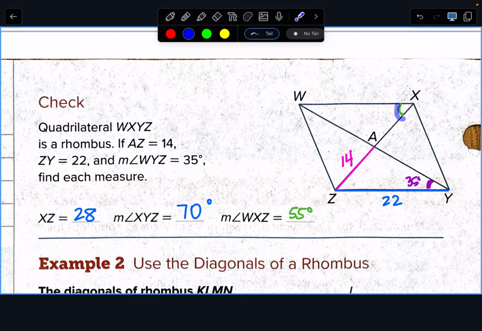So half of it is 55. Okay. Also, we could do this, right? We know that this is a 90-degree angle. 35, 90, what's left over? 55. Okay.